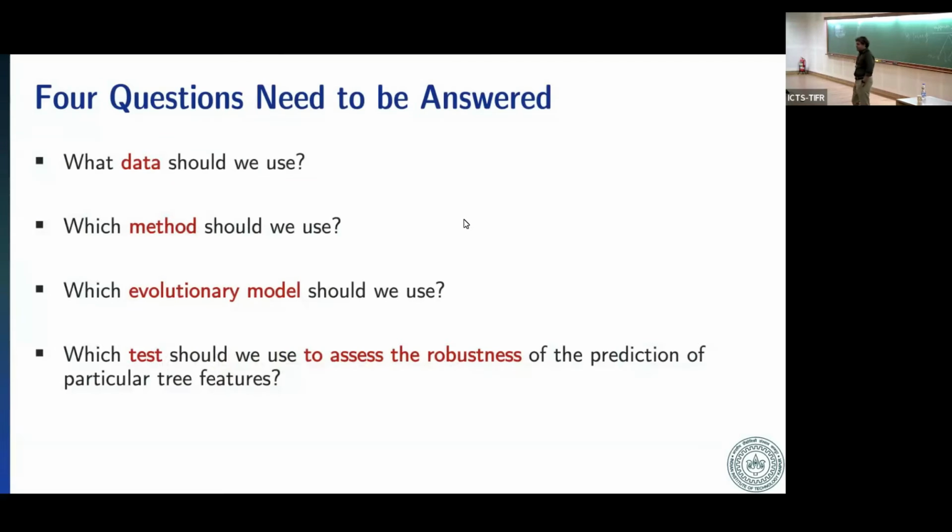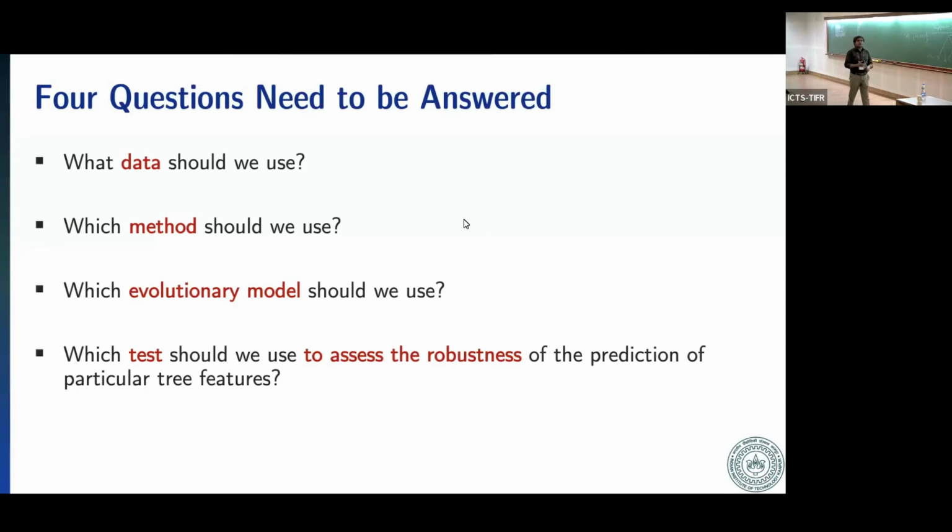So we really need to answer these 4 questions. The first question is, what kind of data should we really use? The second question is, which method should we be using? The third question is, what kind of evolutionary model? Because ultimately we are trying to model evolution, right? That means we have to have a model of evolution.